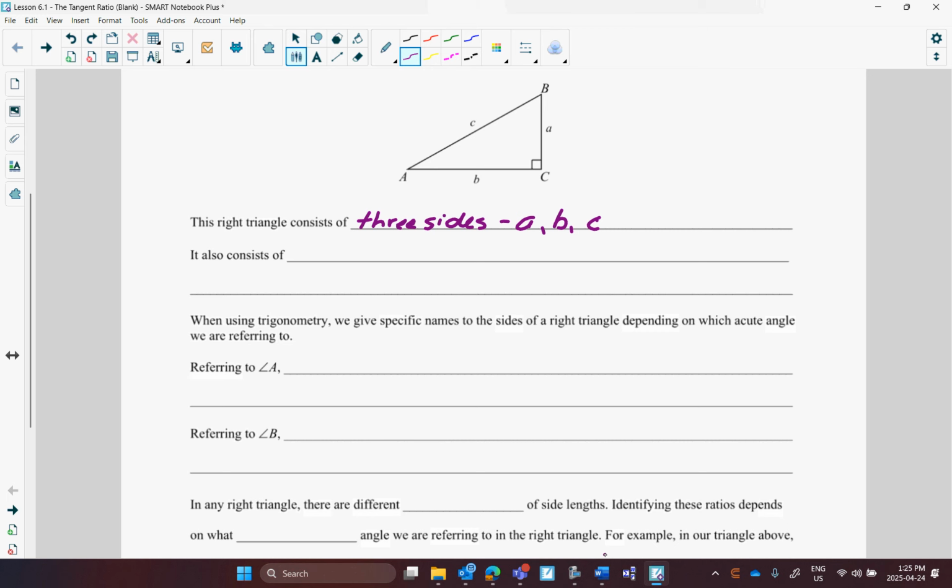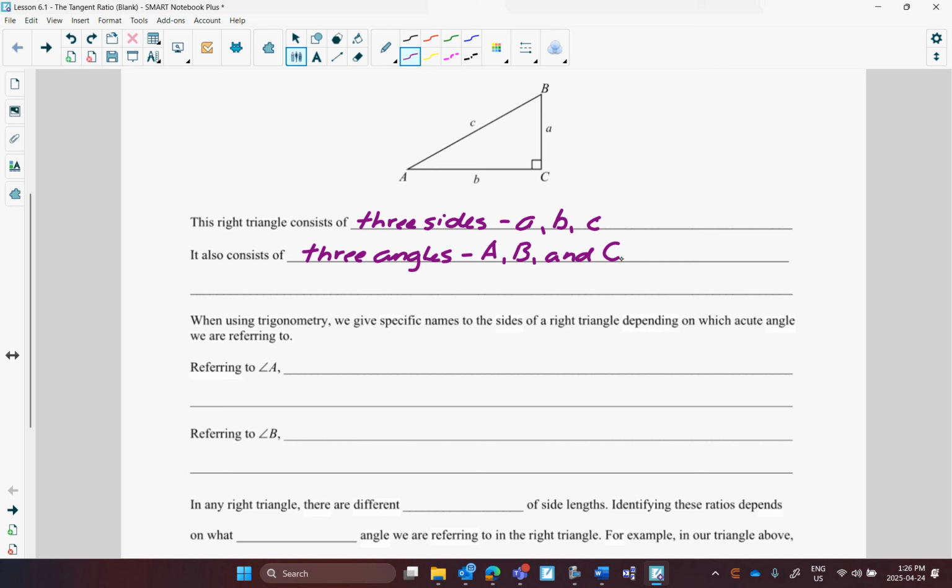It also consists of three angles: capital A, capital B, and capital C. So when we refer to an angle in a triangle, we refer to it by a capital letter. When we refer to a side, we usually refer to it by a lowercase letter.